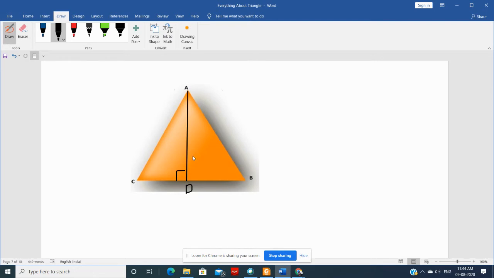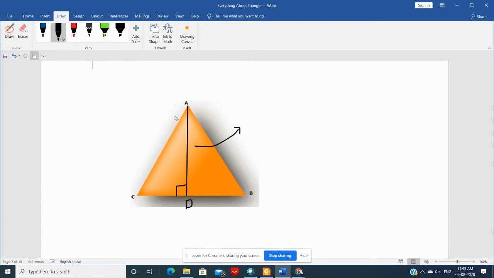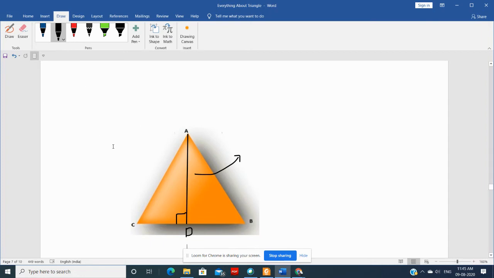Now why are we discussing this? See, this is the perpendicular distance from A towards BC, and it is a perpendicular distance because it is intersecting CB exactly at 90 degrees, and such a line segment is called altitude.